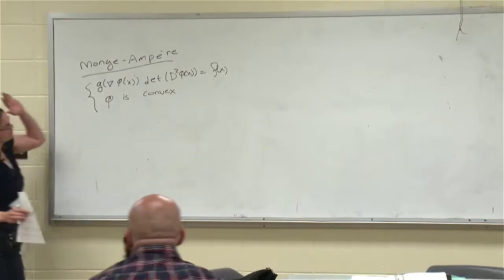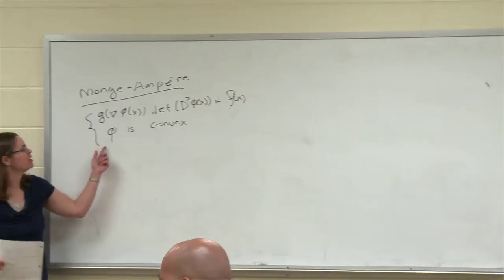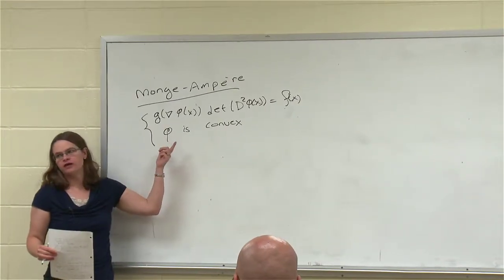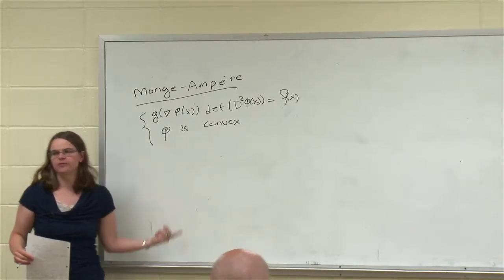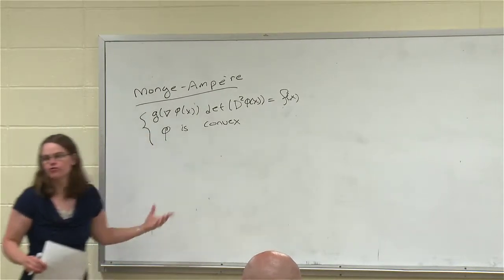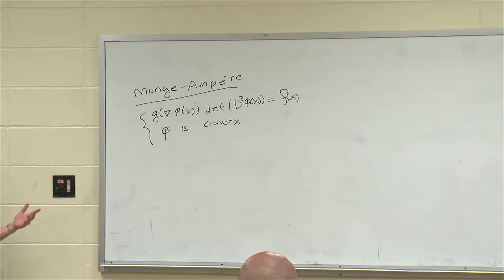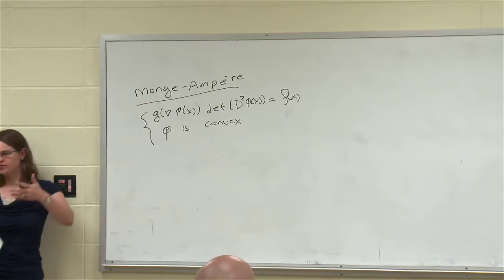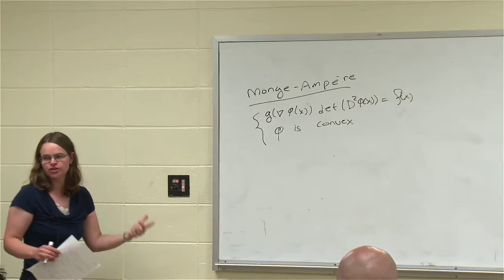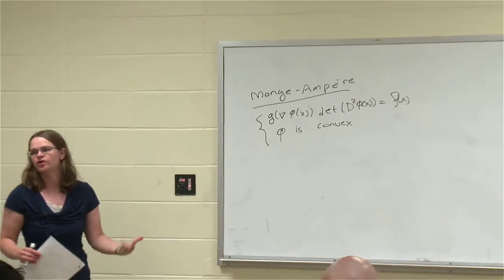And we expect that if we can solve this PDE, then the gradient of phi is going to give us our optimal transport map, at least formally, if things are smooth enough. And even when things aren't completely smooth, we almost everywhere expect the solution of our transport problem to be the gradient of a convex function.